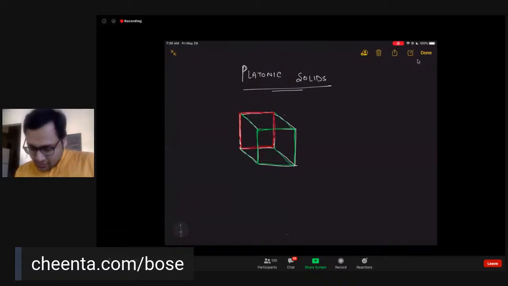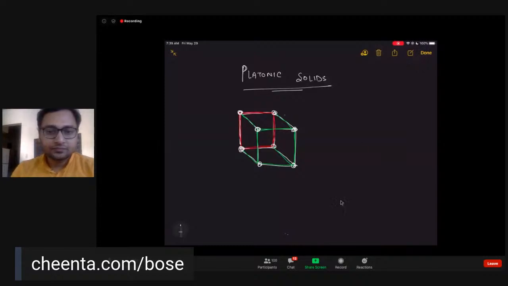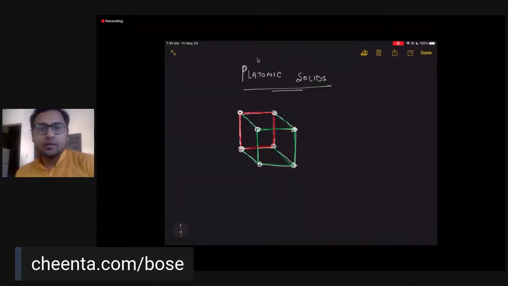Okay. So let's give names to these corners. Can anyone tell me how many corners are there in this particular cube? Can all of you hear me?